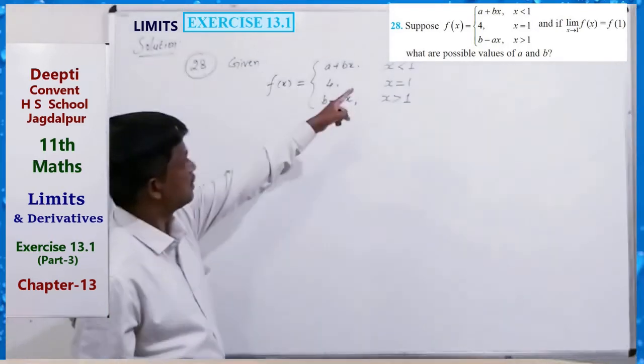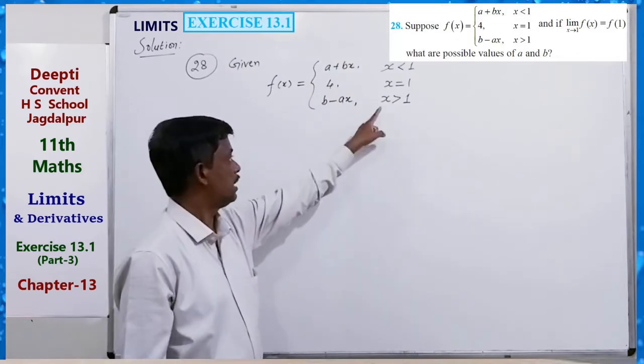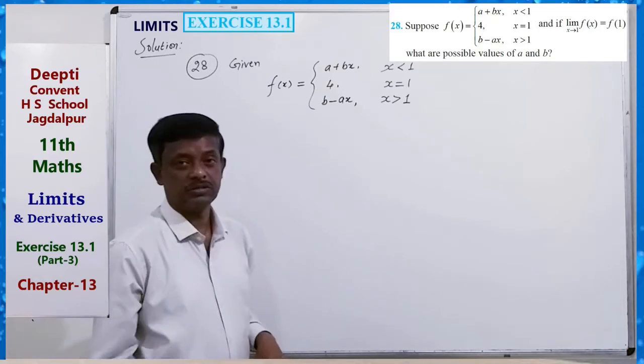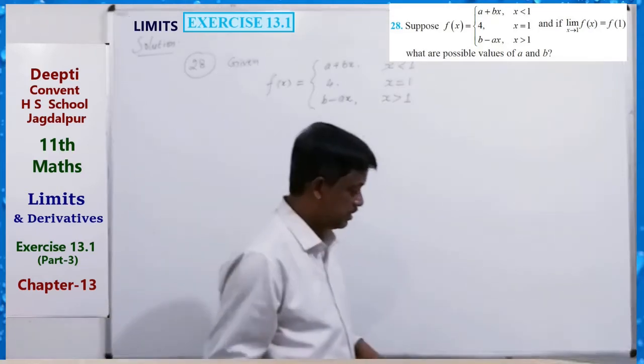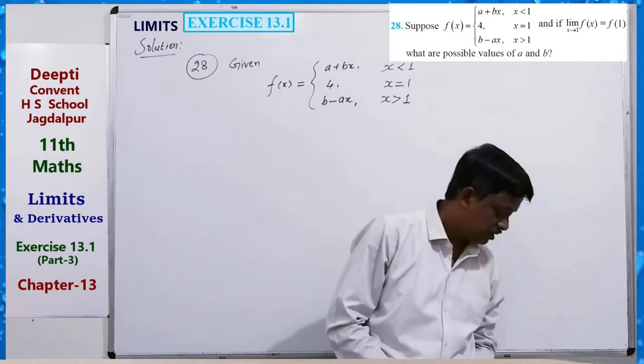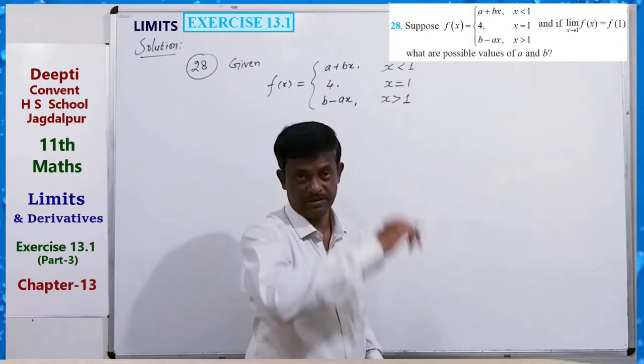Now for x less than 1, a plus bx. For x equal to 1, 4. For x greater than 1, b minus x. Here a, b are constants. The question is that if limit x tending to 1 of f(x) is equal to f(1), what are the possible values of a and b?